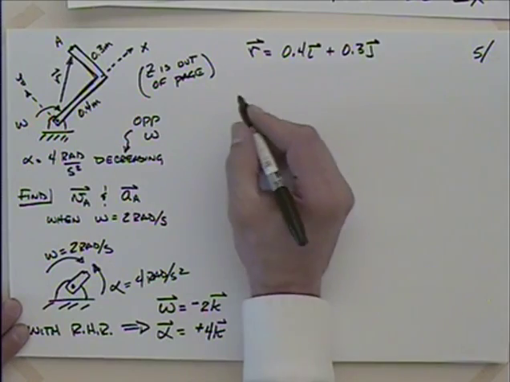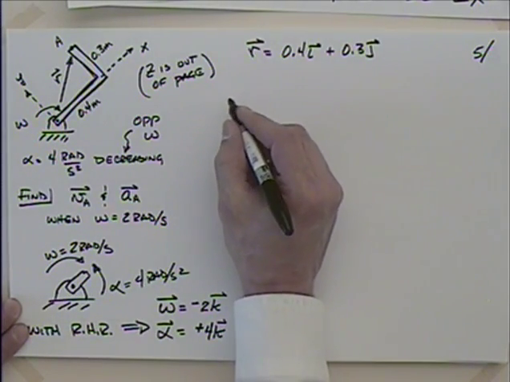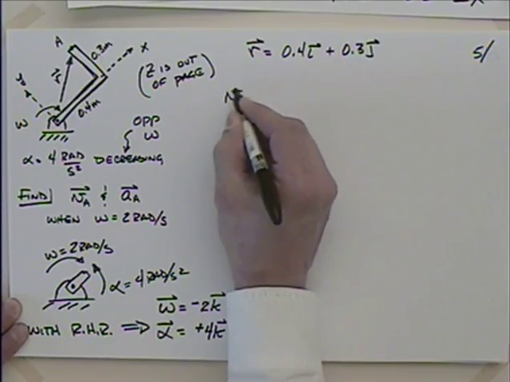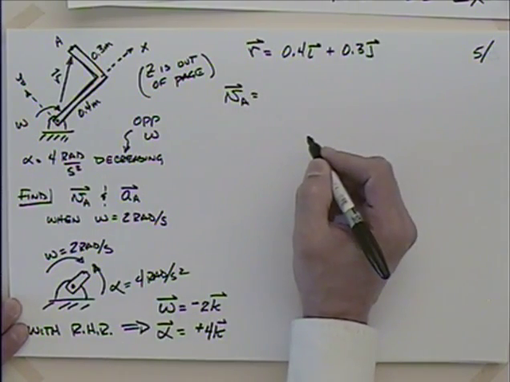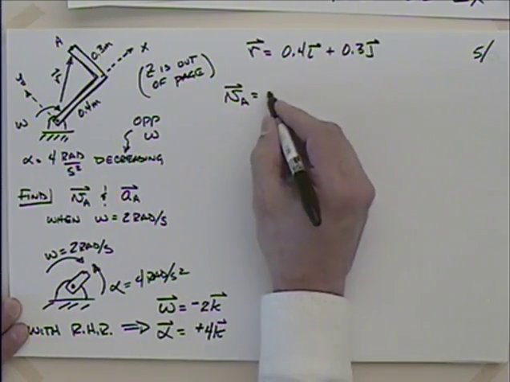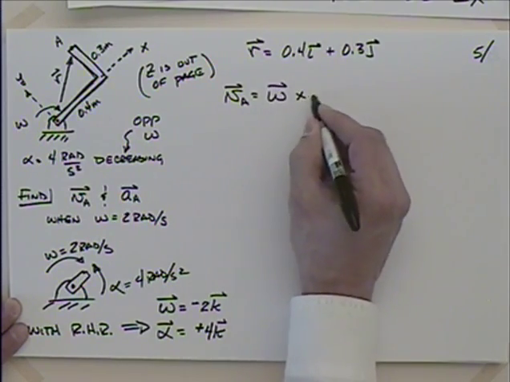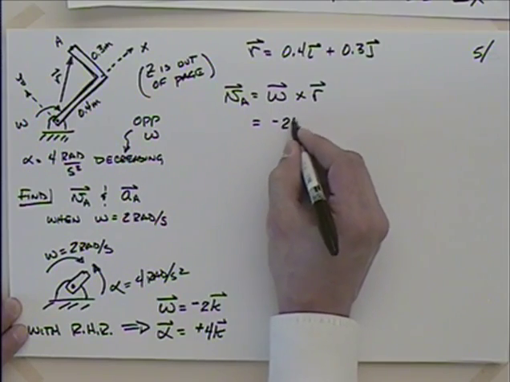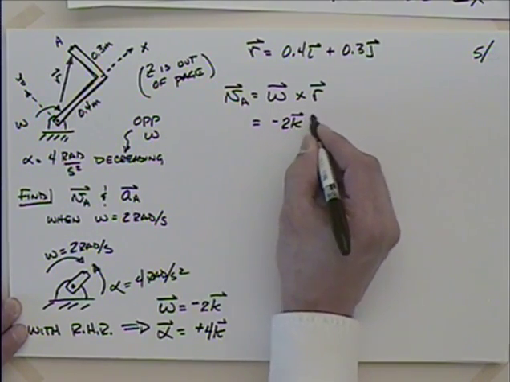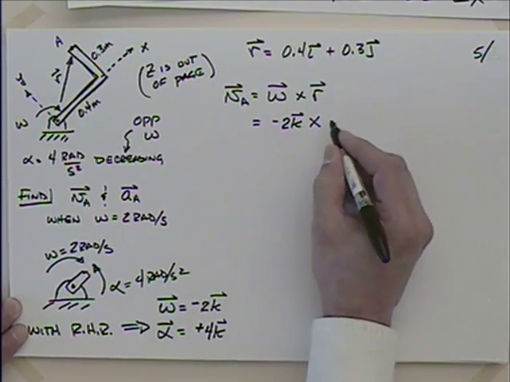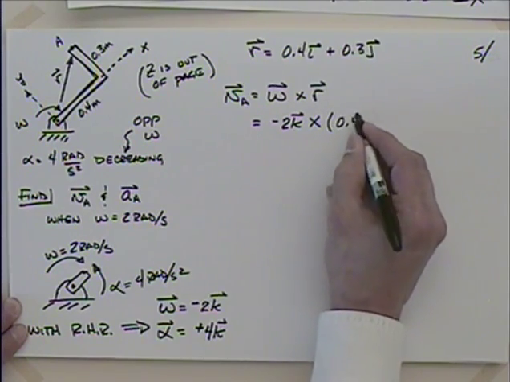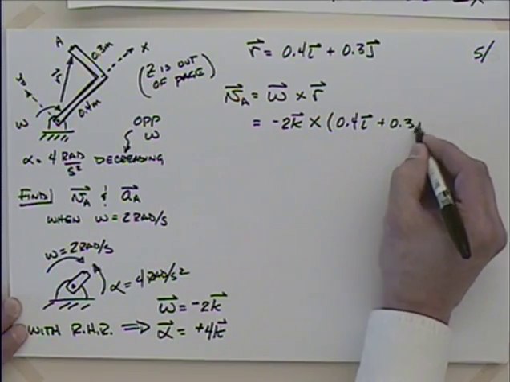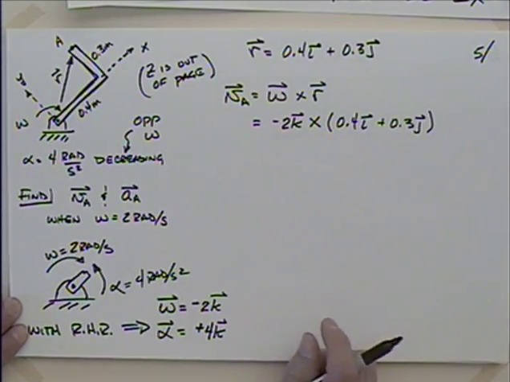So let's see if we can get the velocity. What's the velocity of A? We're going to have omega crossed with r, aren't we? So that would be minus 2k crossed with 0.4 in the I plus 0.3 in the J. Is that right?